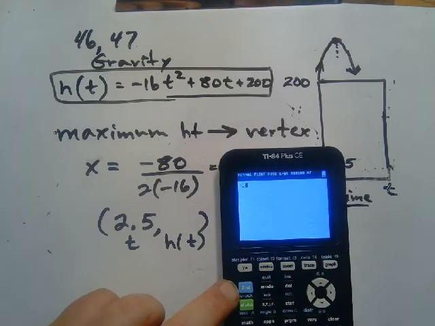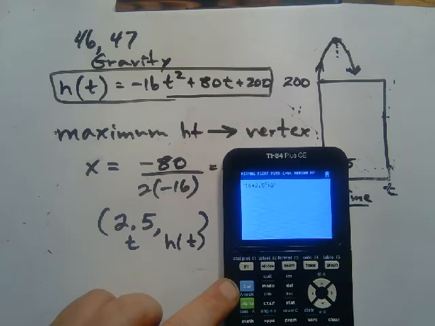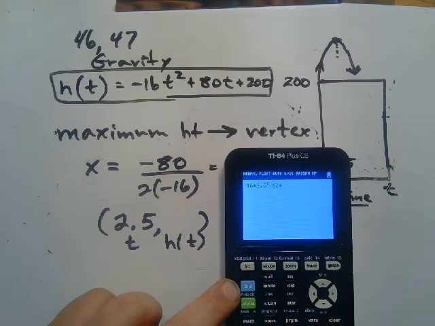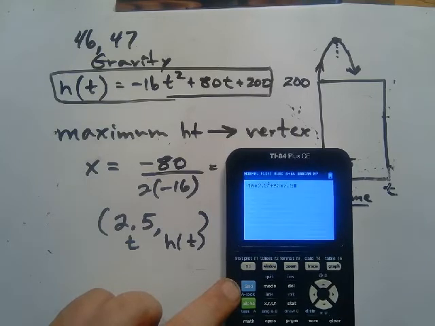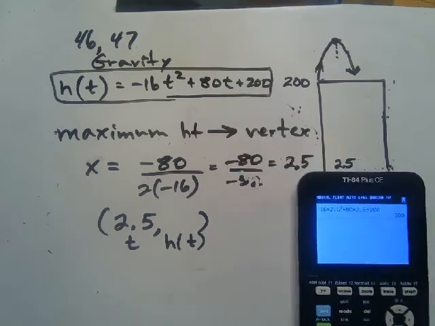So I got negative 16 times t, which is 2.5 squared, plus 80 times 2.5, plus 200. And it says that I'm at 300 feet.